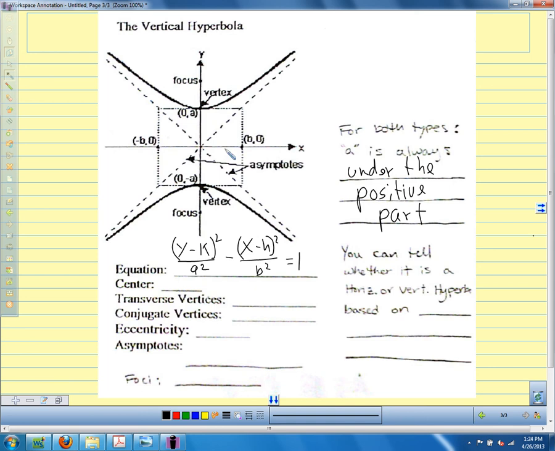On the last one, the x was positive, so we have a horizontal hyperbola. So if x is positive, that tells us we have horizontal. If y is positive, we have a vertical hyperbola.